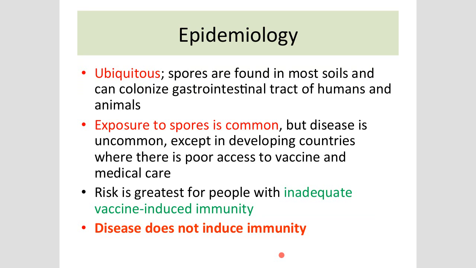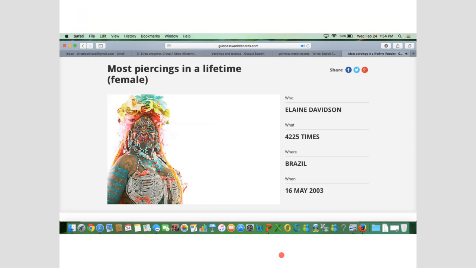But also remember, a very commonly asked question: many times a disease will give you lifelong immunity, but this disease does not induce immunity. This is one of those diseases where every time you have to have a tetanus toxoid, make sure that you're updated with that. So they always give you update charts for that.